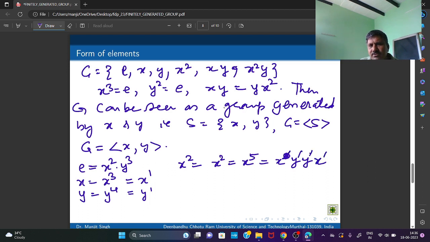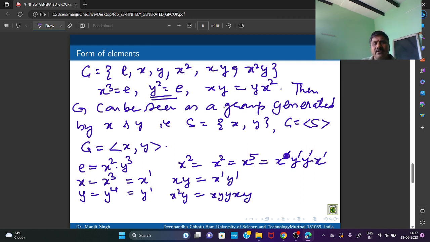This representation will also be there, x y y x, because y square is identity. And x square y can also be written as x y y x y.